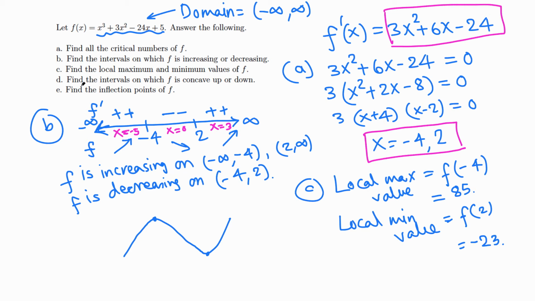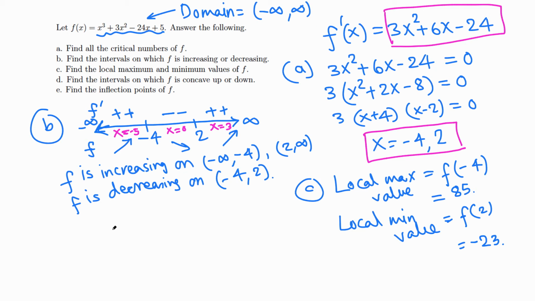So that's part C. Now in part D, we are asked to find the intervals on which f is concave up or down. Whenever concavity is involved, we need to find the second derivative of the function. We already have the first derivative here.